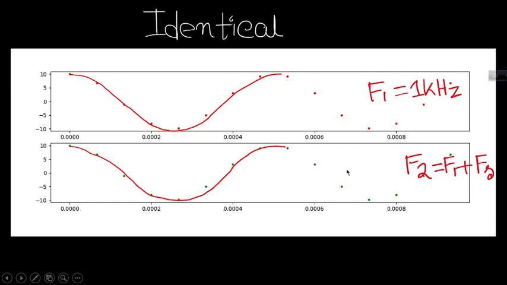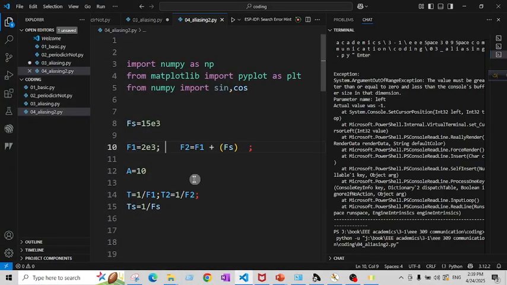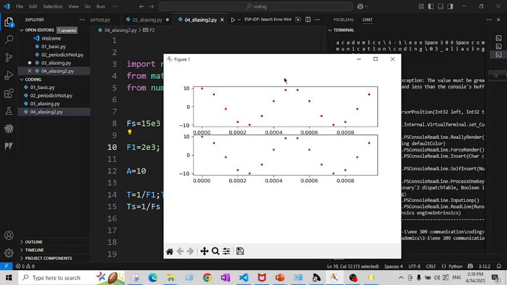So in this video we will derive this condition, how this comes, and then we will see a Python code where we will change f1 and f2 and see different kinds of signals, so that you will have lots of examples at the end of this video. So let's start.